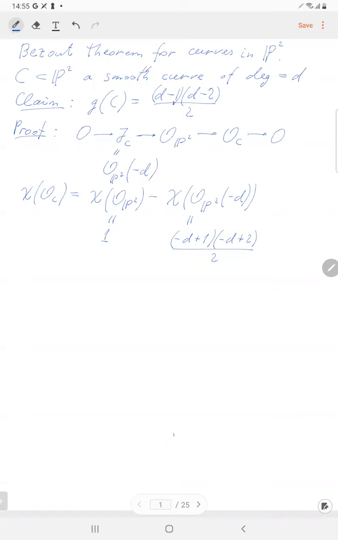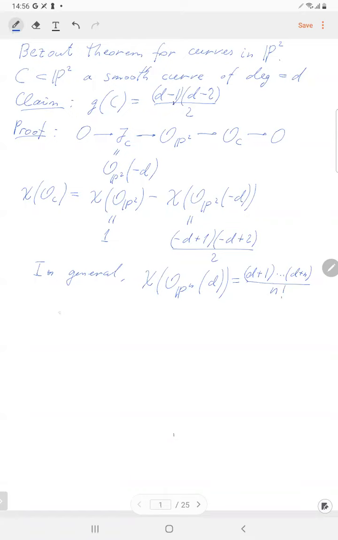So in general, chi of O of P^n twisted by d will be (d plus 1) times and so on times (d plus n) over n factorial.